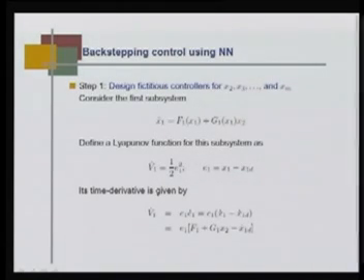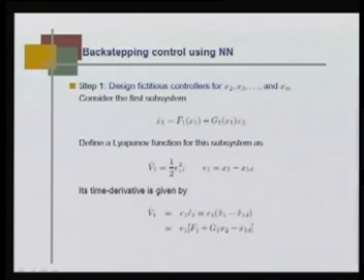First step: design fictitious controllers for x2, x3 up to xm. Consider the first subsystem, which in strict feedback form is x1 dot equal to f1(x1) plus g1(x1) x2. Define a Lyapunov function for this subsystem.